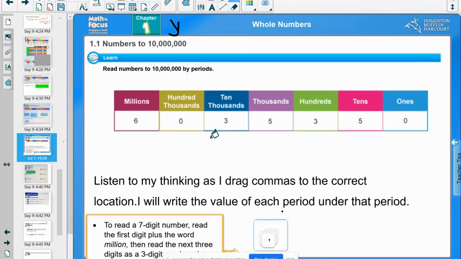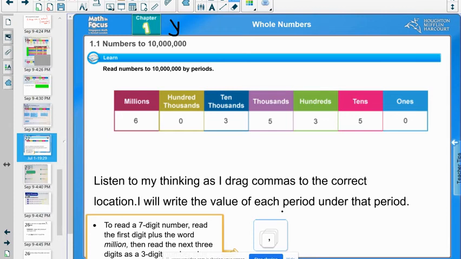All right, so looking at this slide here, reading numbers by 10 millions by periods, moving away from the word form and thinking more about standard form and the idea of chunking the number into those periods via the use of commas. So listen to my thinking as I drag the commas into the correct location. And then I can write the value of each period under that period.